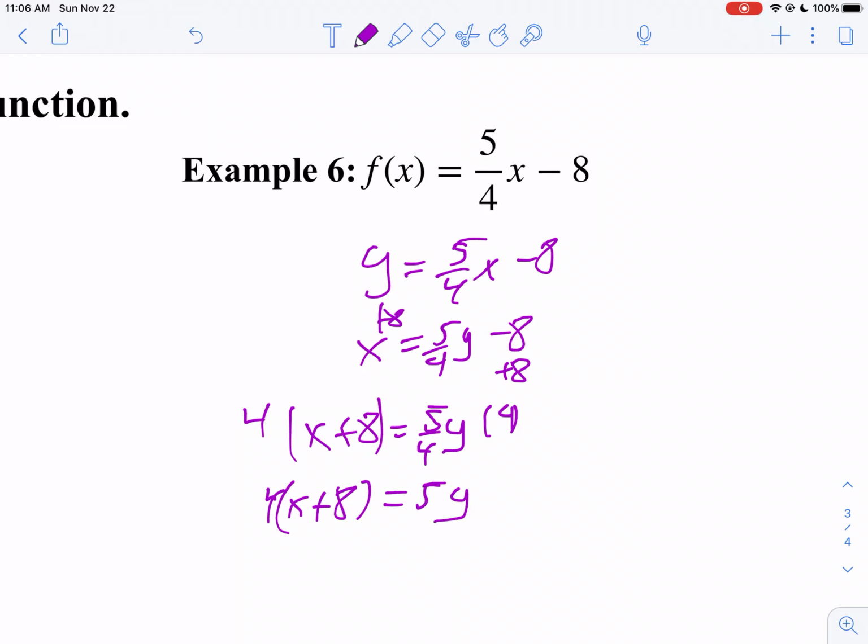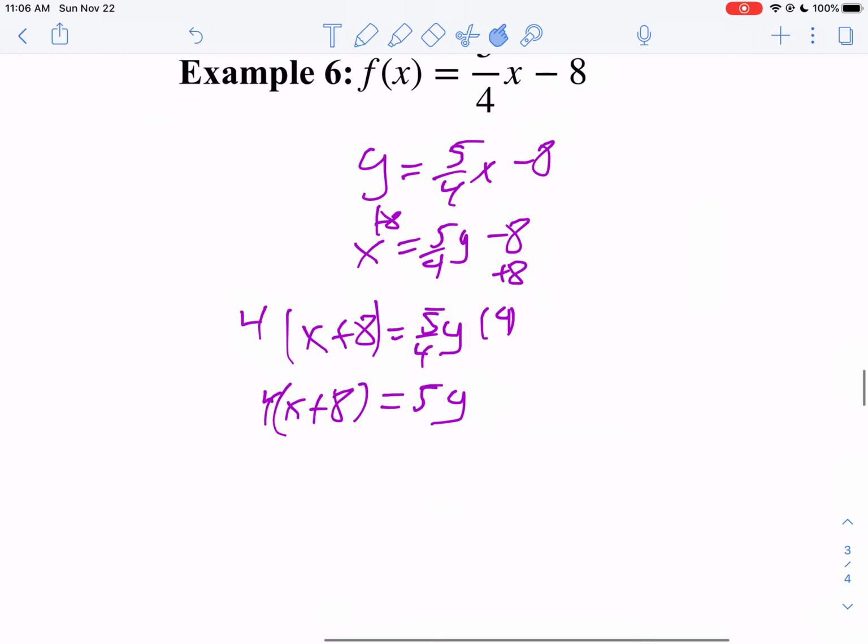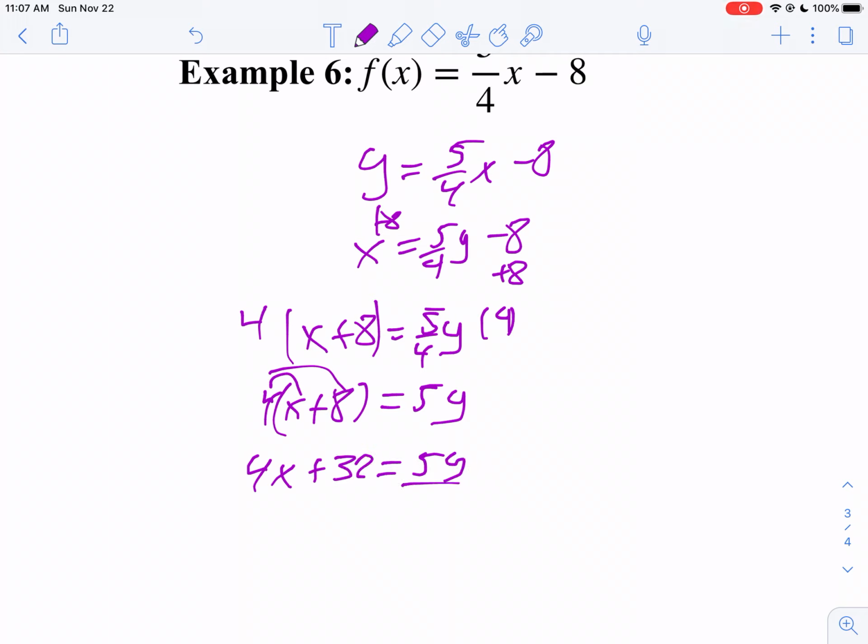Now, we could write this as 4x plus 32. In fact, I think I'm going to do that here just so you can see it. We're going to distribute that 4 inside. So we get 4x plus 32 equals 5y. Then I'll divide both sides by 5. And when I rewrite this, I'm going to write y on the left-hand side.